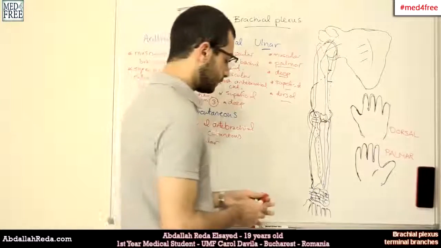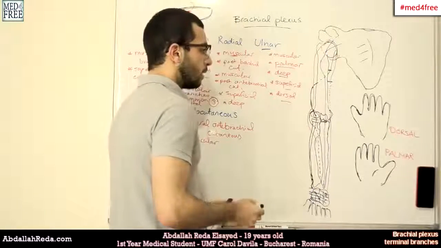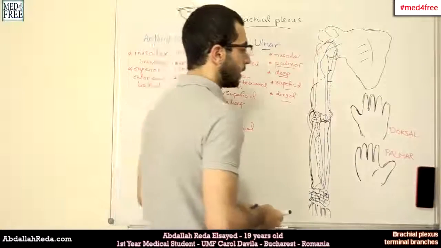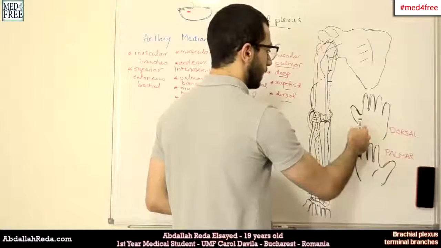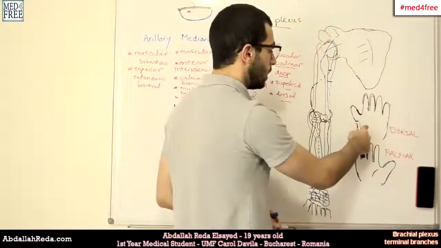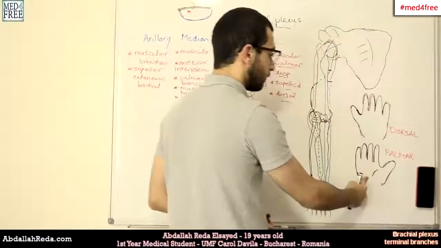For the hand, the innervation of the hand has a pattern like this. So this will be the right hand, this is the dorsal side, and this is the palmar side of the right hand.